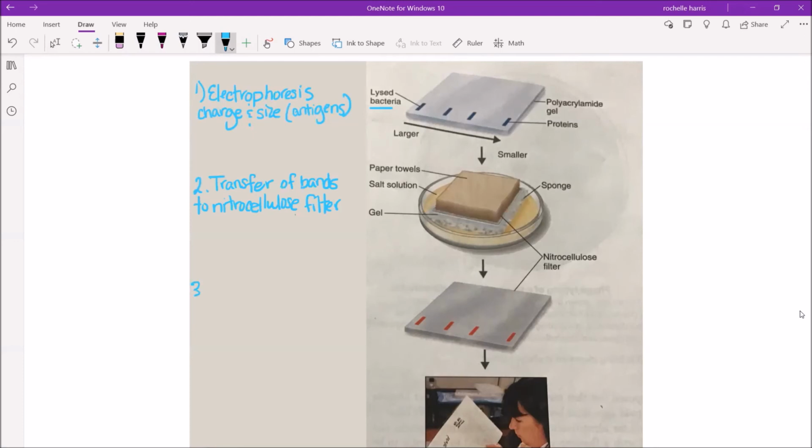Number three, the filter is then washed.